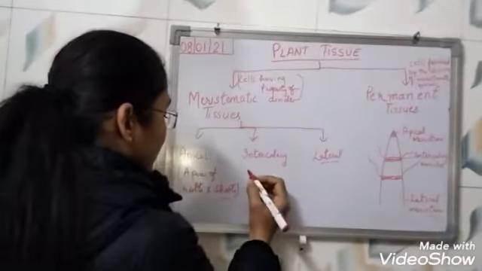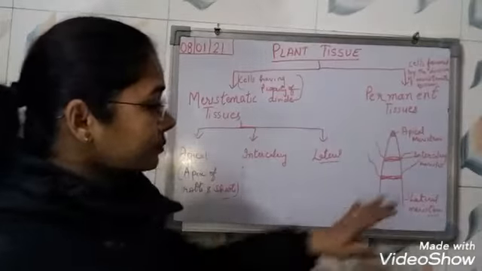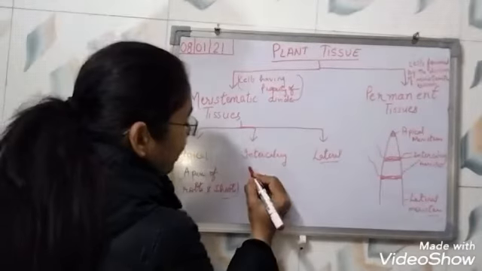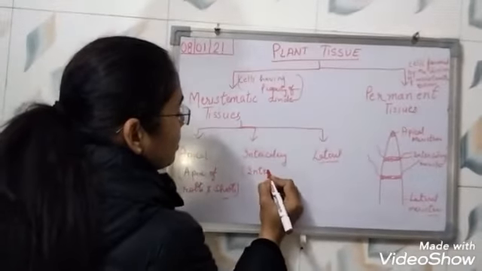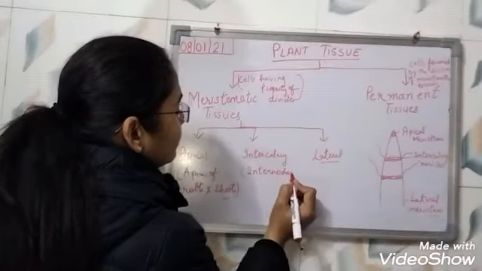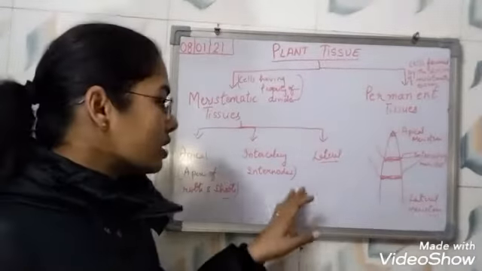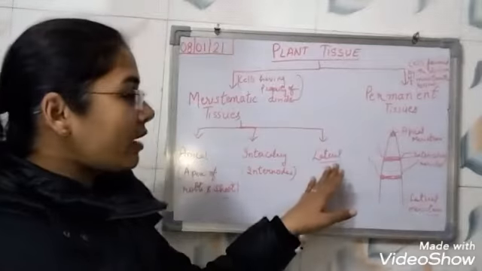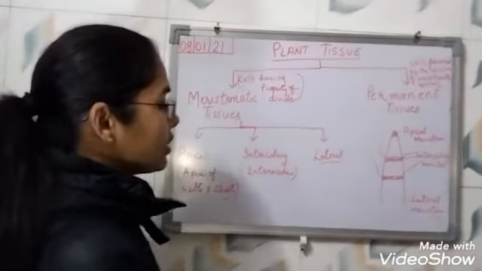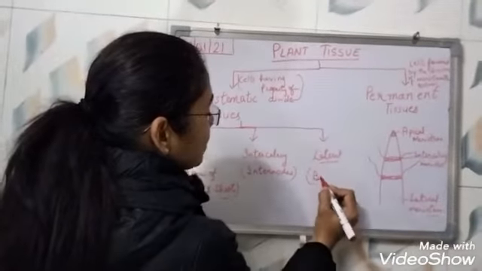And this intercalary, where is it present? It is present at the internodes of the stem. And the third we have is lateral. Lateral is present at the bottom.